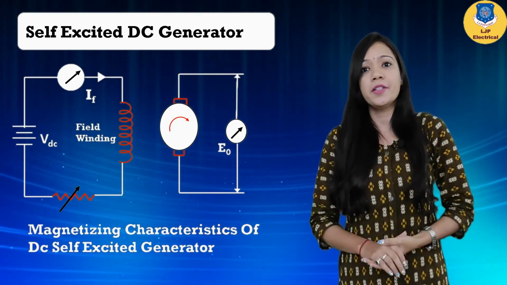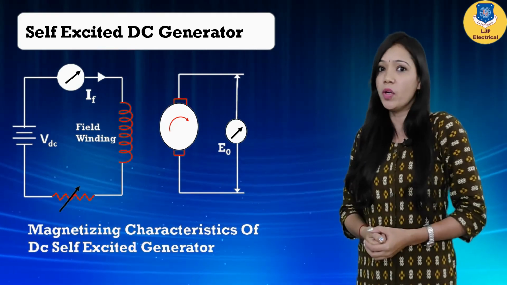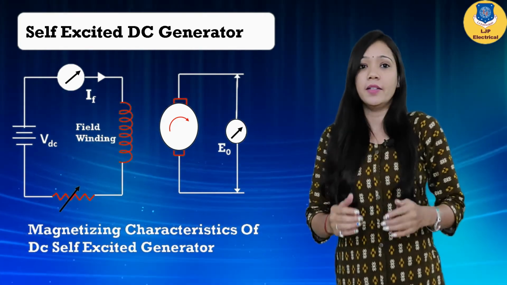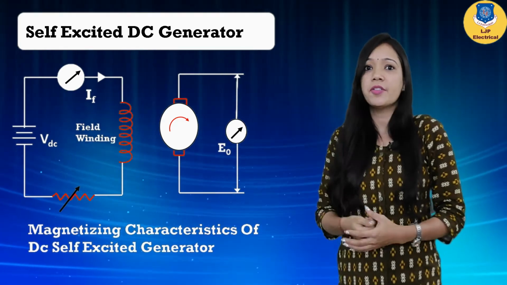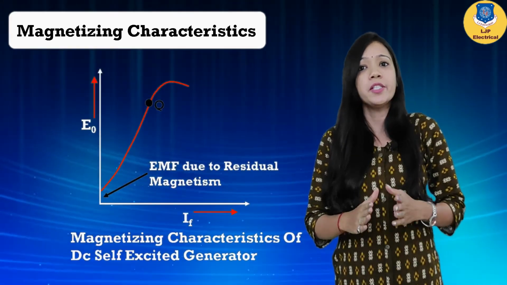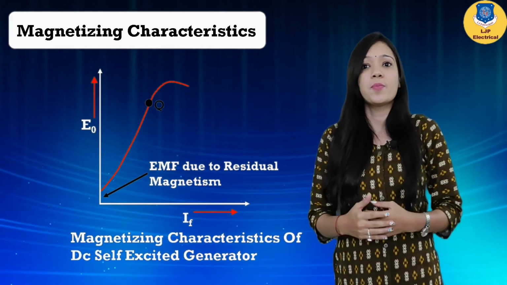The armature is connected to a DC voltmeter to measure DC voltage for the different values of field current. The field current is gradually increased step by step and the corresponding values of armature voltage E0 are obtained for the constant speed of the machine.